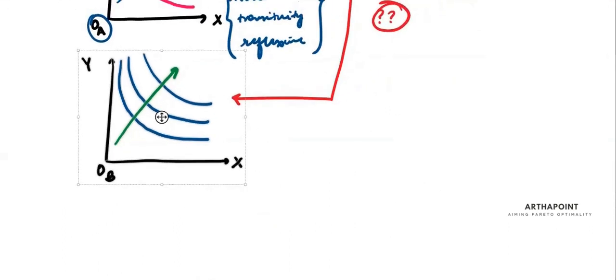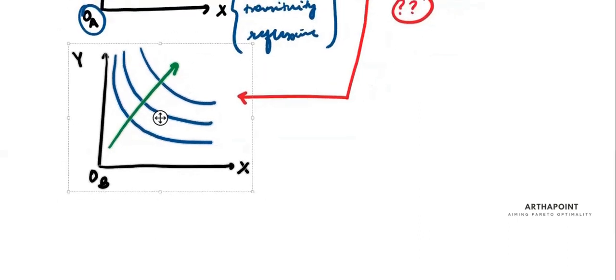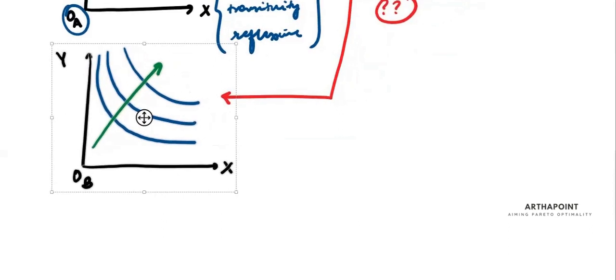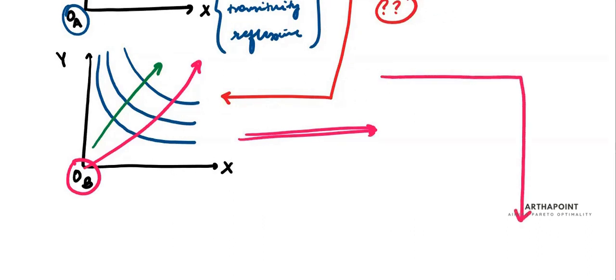I have this and I just rotate this part of the curve, such that I have this on the other side. This is what I'm doing. So I am rotating this, I am flipping this such that this individual B's curves appear like this. So this becomes the axis of individual B.